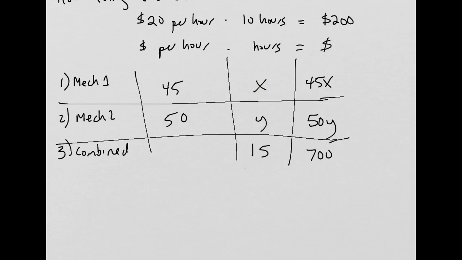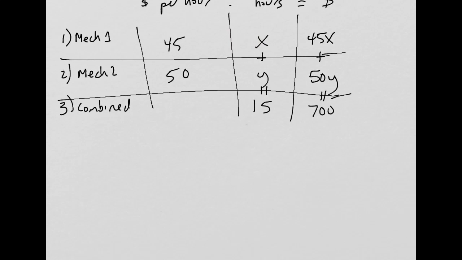So now, just like before, I know that these two guys have to add up to be 15, and these two guys have to add up to equal 700. So now we've got our two equations. And we've got two variables, so we have a system. And now we just want to solve that system.